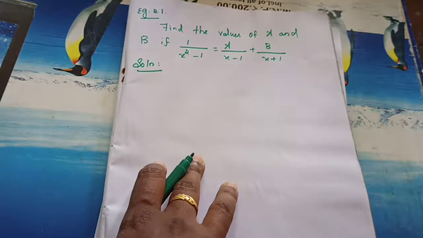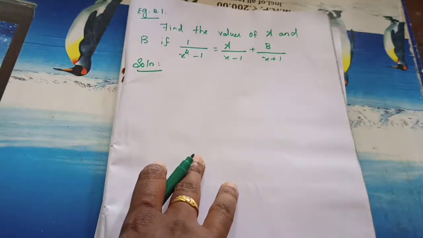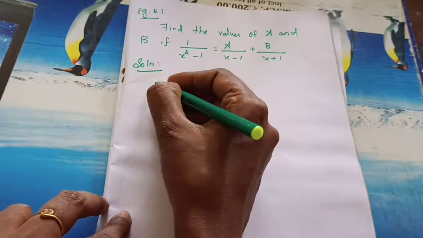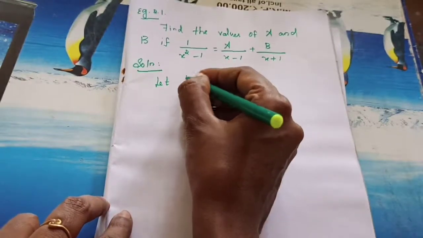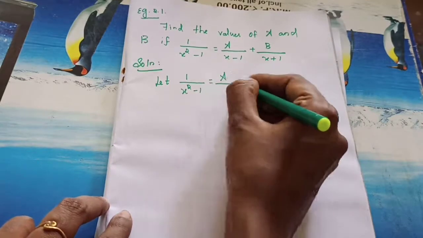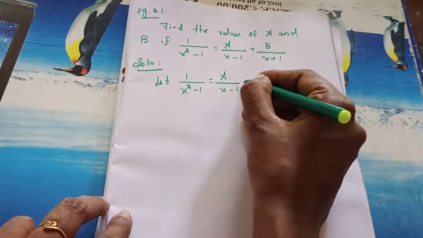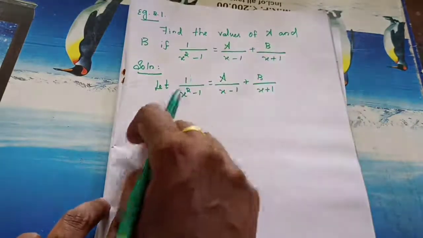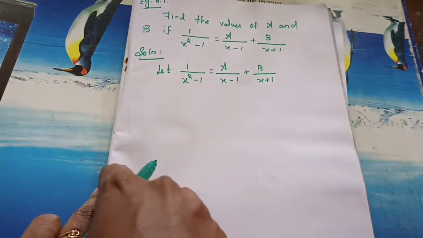So no problem, easily you can do it. First I am taking: let 1 by x square minus 1 is equal to A by x minus 1 plus B by x plus 1. Next I will explain how we will find this A and B value.